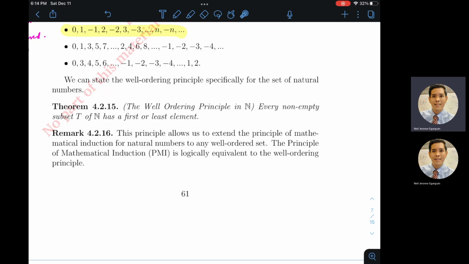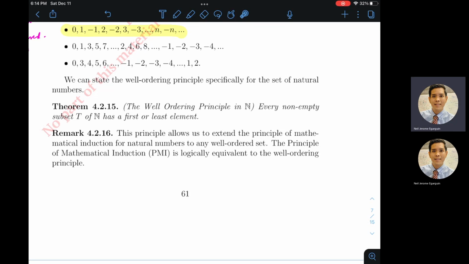And I will do so by just replacing the basis step by showing that the statement is true for the first element of the well-ordered set. Okay? Now, but we will not go too much into that.